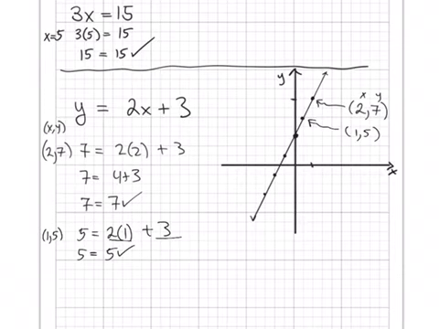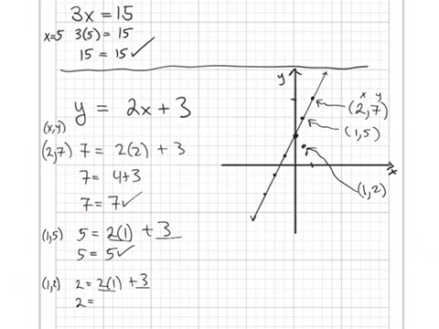Now, if instead I picked a point like 1, 2, well, if I take that point 1, 2, and I take its coordinates, I put 2 in for y, and I put 1 in for x, what happens is on the left I have 2, and on the right I get 2 plus 3 is 5, and that is not a solution to this equation because the equation is not satisfied by this coordinate pair 1, 2.